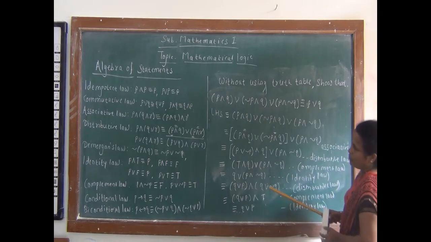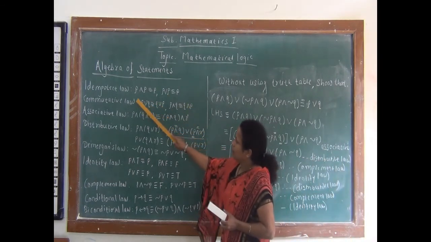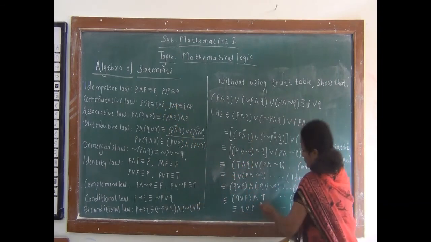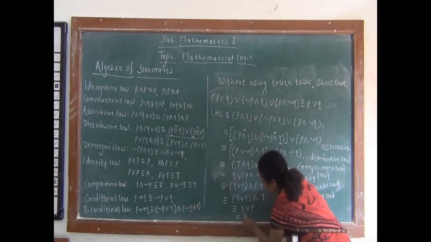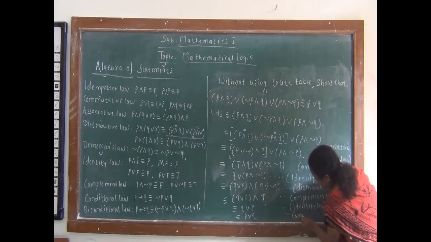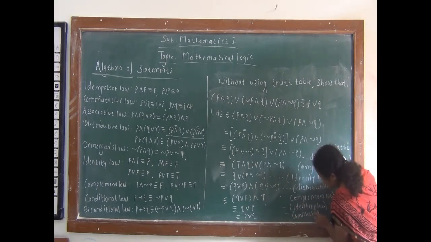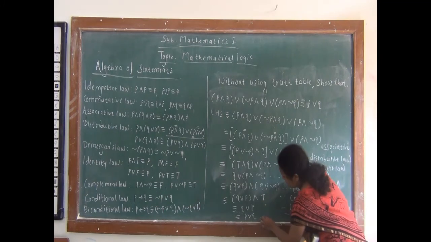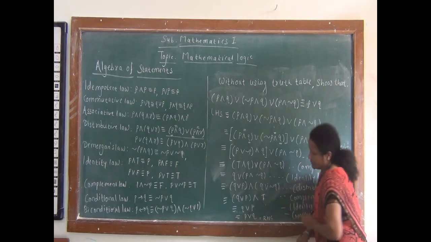And now one more law, which is our second law, P or Q equivalent to Q or P. So we write here P or Q, that is by commutative law. And which is our RHS. So LHS is equal to RHS.